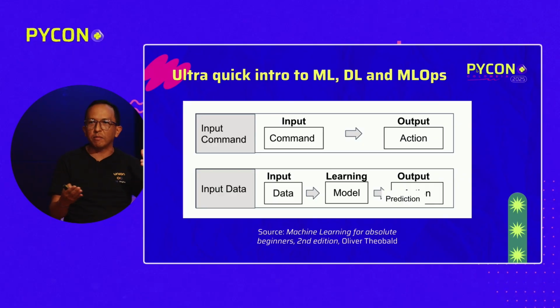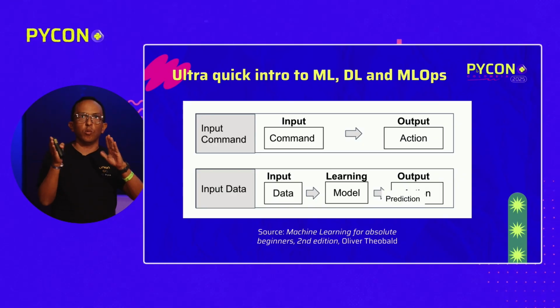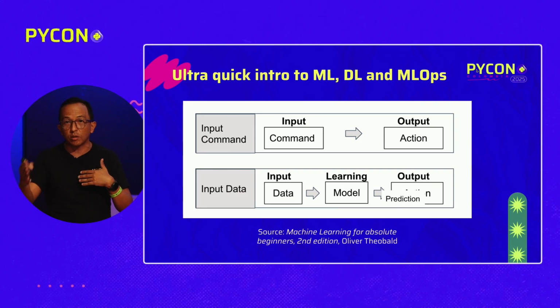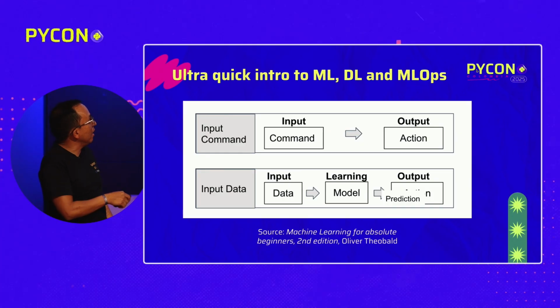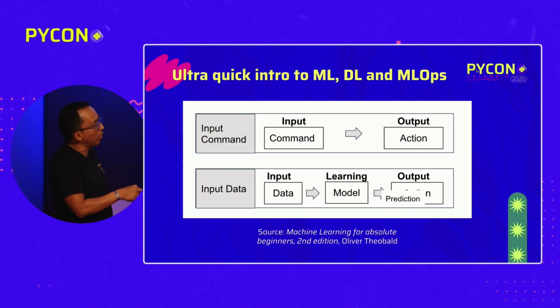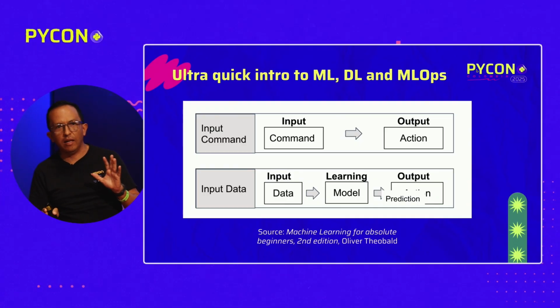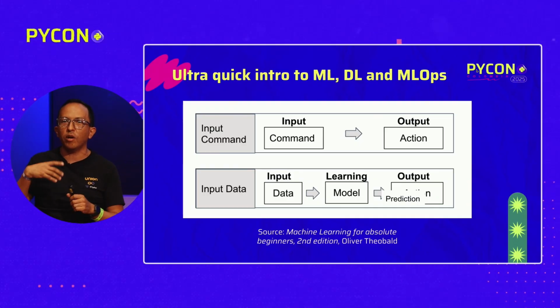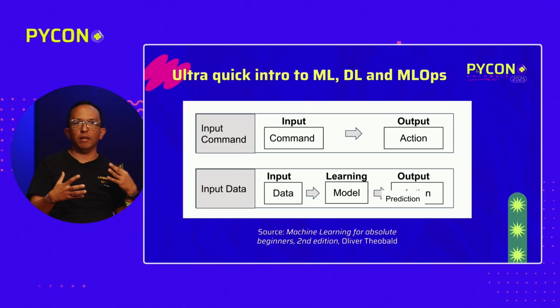The program is developed to know what to do under certain conditions and generate an output, and that's a program. But in the ML application world, the input is not commands or instructions, it is data. And the whole point is to train a model that can learn from the data and generate predictions.